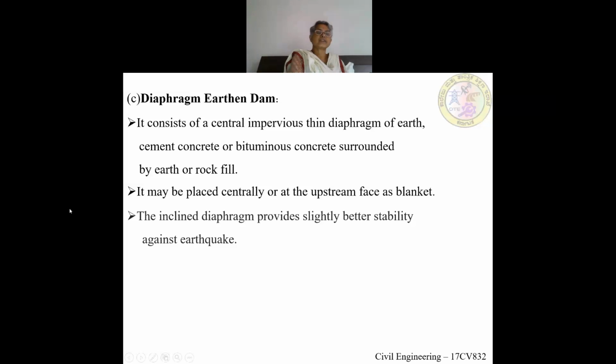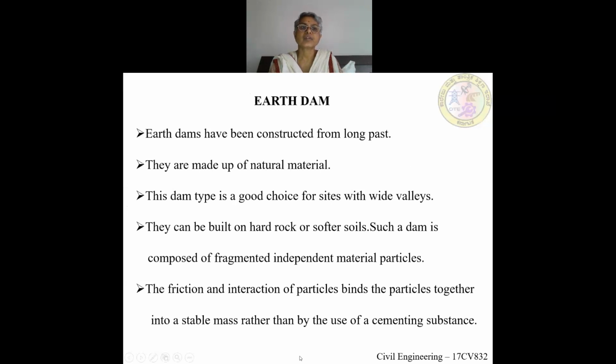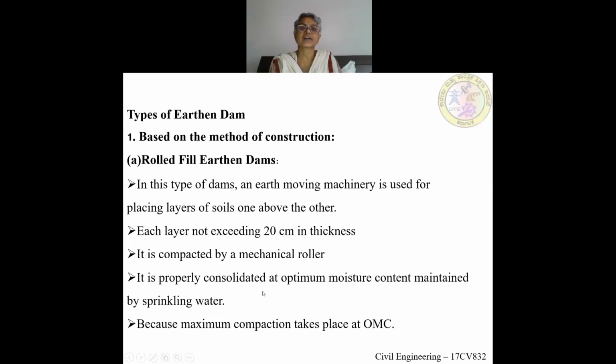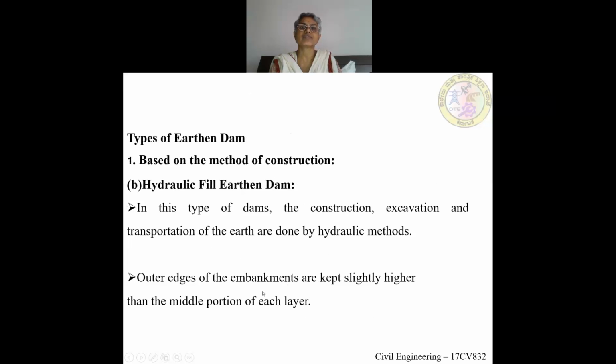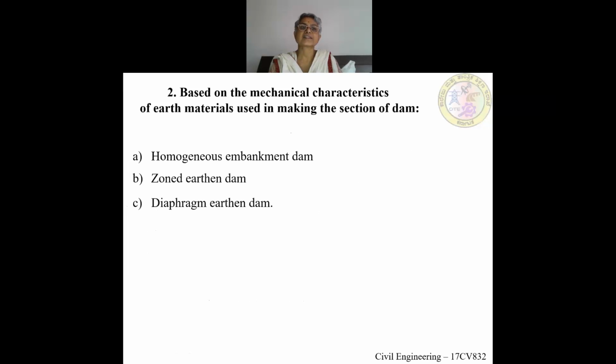So we discussed different types of dam. Based on the method of construction, we have two types: rock fill earthen dams and hydraulic fill earthen dams. Based on the mechanical characteristics of material, they are classified as homogeneous embankment dam, zoned earthen dam, and diaphragm earthen dam.